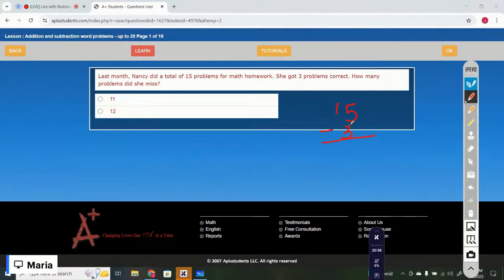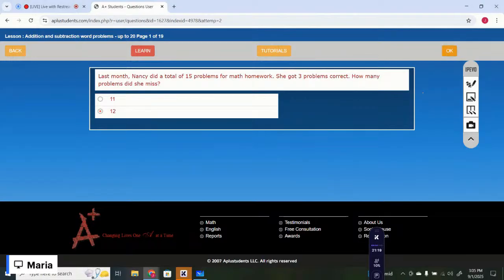So 15 minus 3. 5 take away 3 is 2. So we need to bring 1 down. So that is 12. Option number 2 is the correct option. 12 it is.